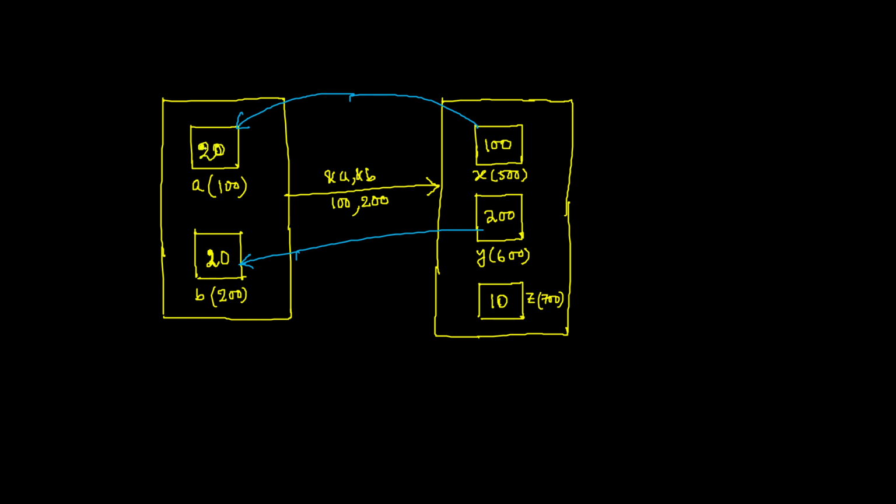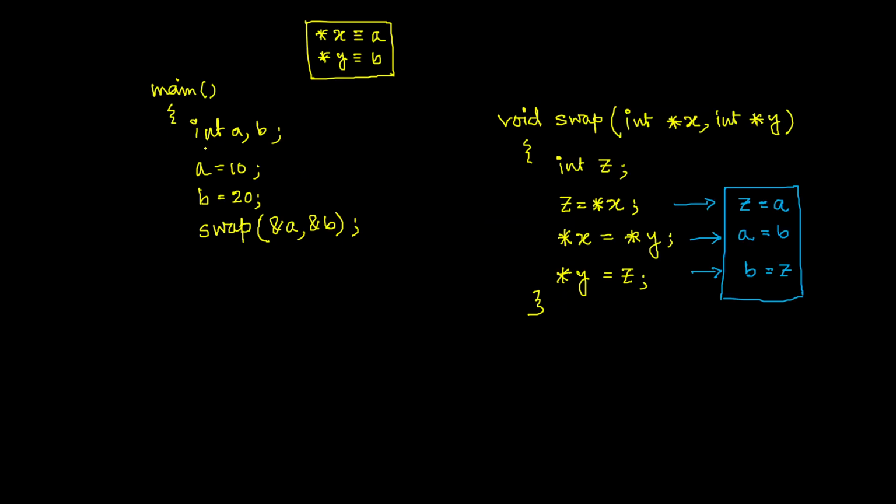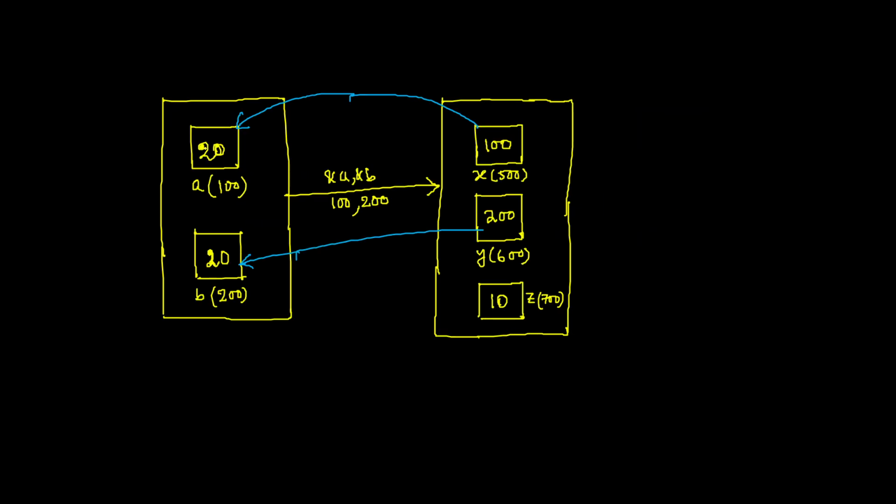And then pointer y equal to z. Pointer y means b and z contains 10, so this b part will be modified and 10 will be stored.